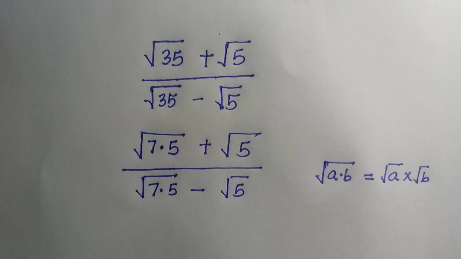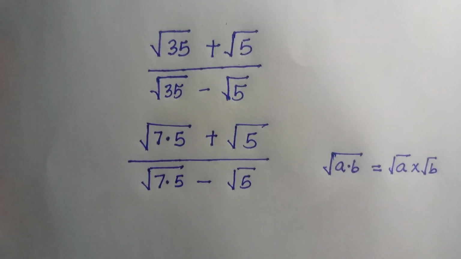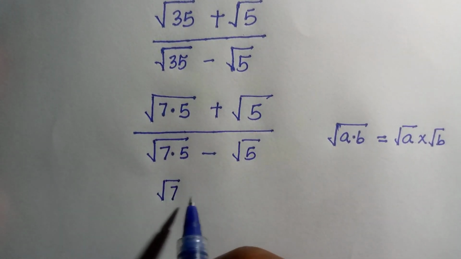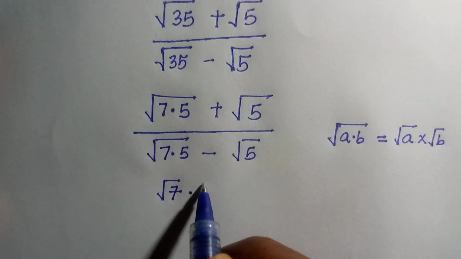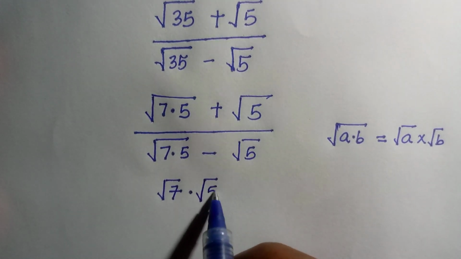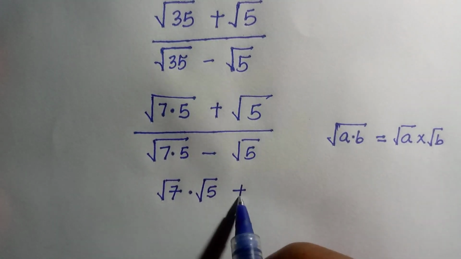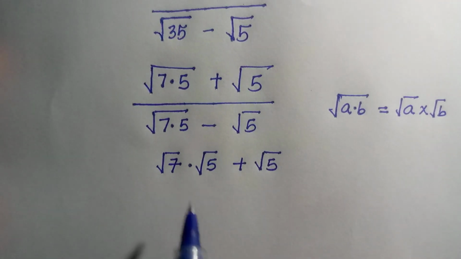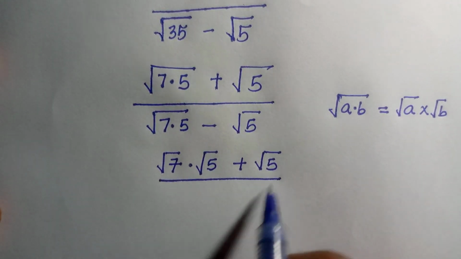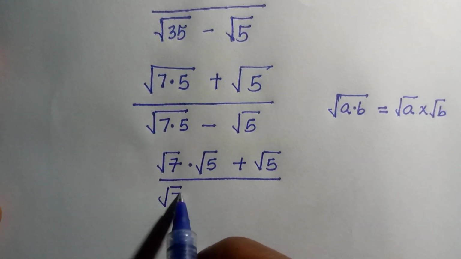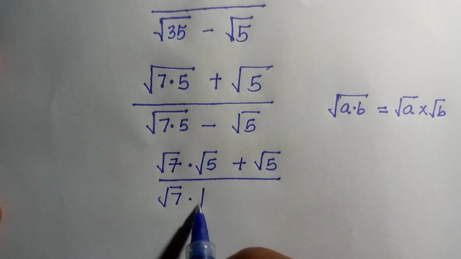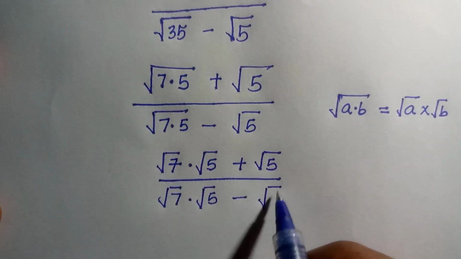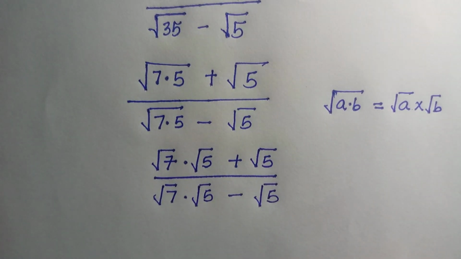So by applying it here, we have the square root of 7 multiplied by the square root of 5, plus the square root of 5, divided by the square root of 7 multiplied by the square root of 5 minus the square root of 5.